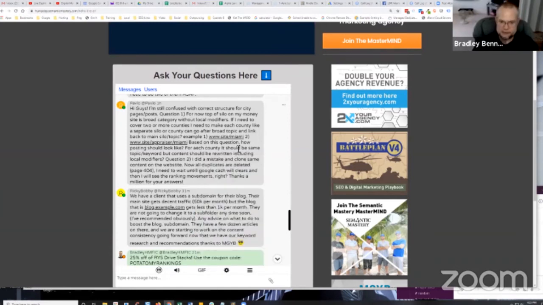So next, he says, based on this, what should posting look like? For each county, it should be the same topic or keyword, but content should be rewritten, including local modifiers. Yeah, I mean, that's what I do. That's why, when we're doing keyword plus location specific content, my blogger just creates or curates a blog post that is targeting something very closely related to that topic. It doesn't always necessarily have to be 100%.